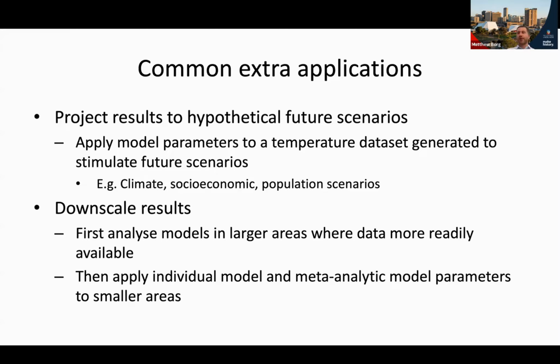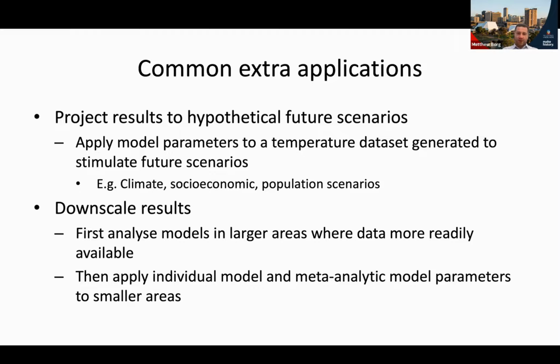This works by taking the exposure response relationship generated in a current data set and applying it to a future climate data set that simulates those future scenarios. Even if you keep the exposure response relationship the same, due to the change in the temperature values or heat wave values, you often get different attributable risk estimates.